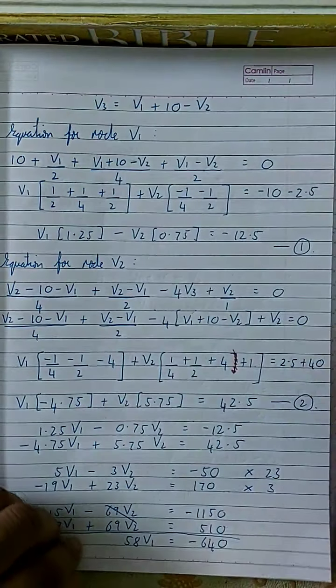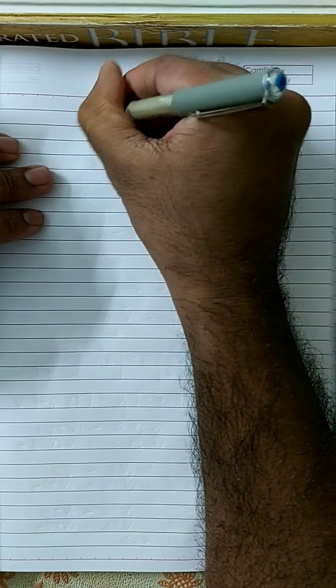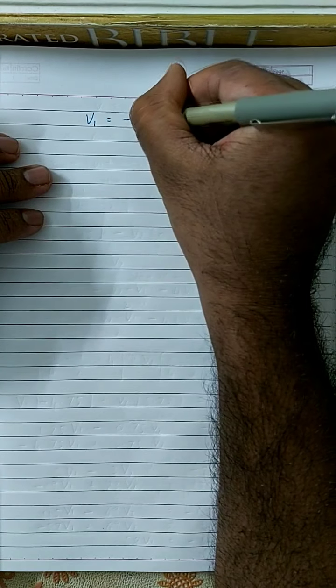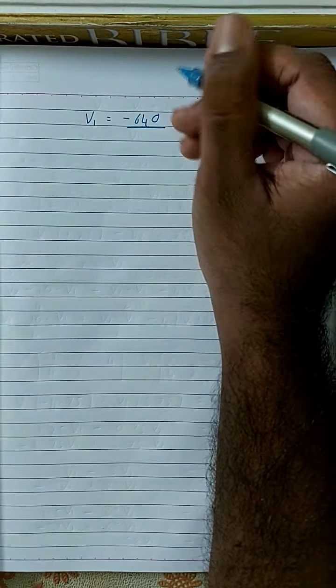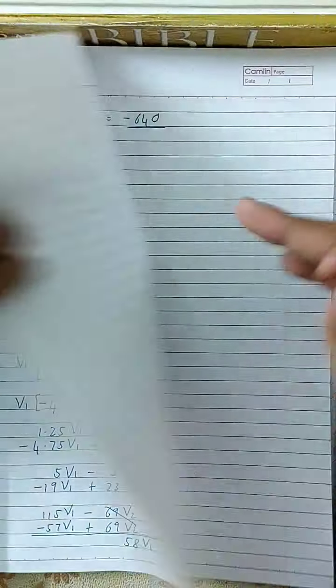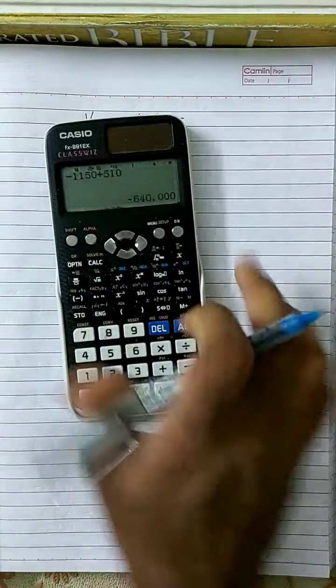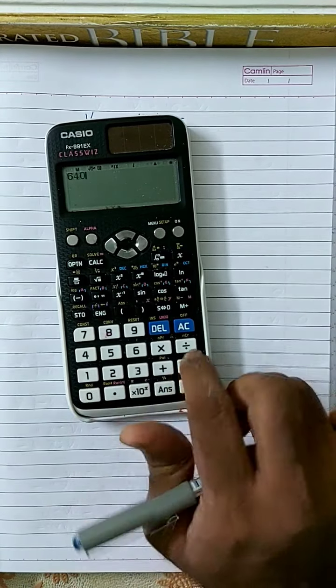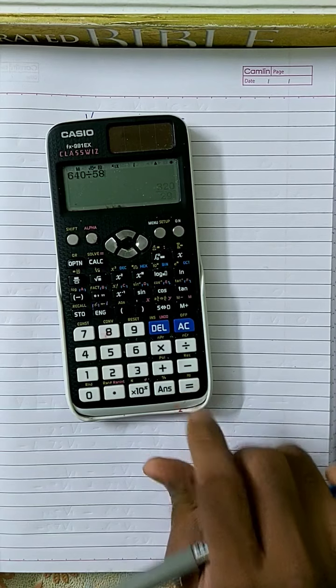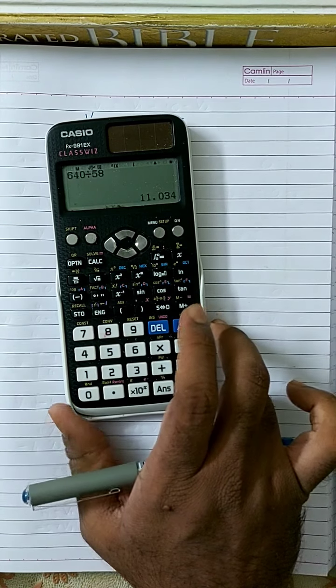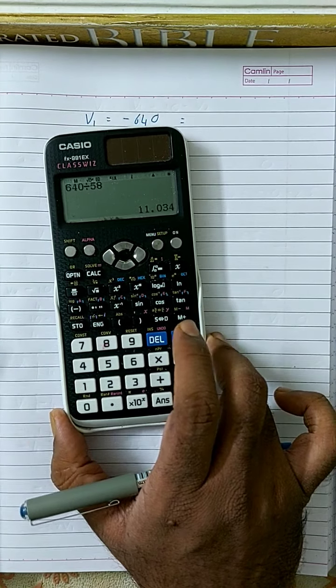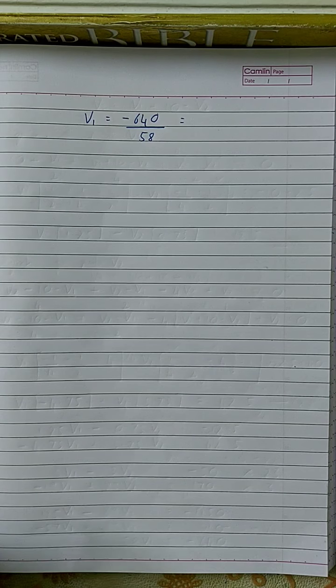In other words, v1 is equal to minus 640 by 58, which is 640 divided by 58, equal to 11.034.